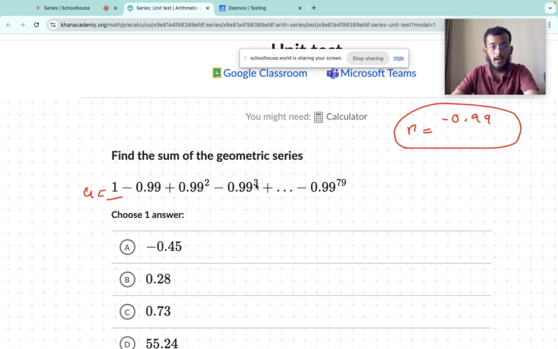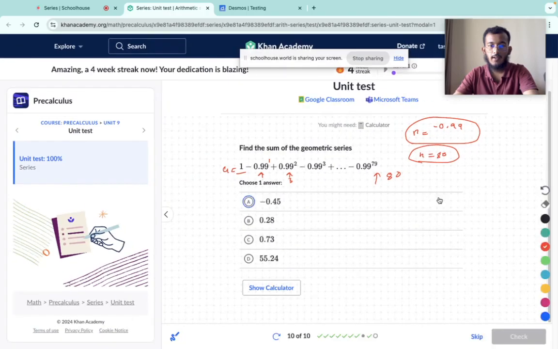I can see we go up to the power of 79. In the first term we don't have any 0.99 term, in the second term we have a power of 1, third term power of 2, which means we have 80 terms in total. So n equals 80. Now we just find S sub 80.